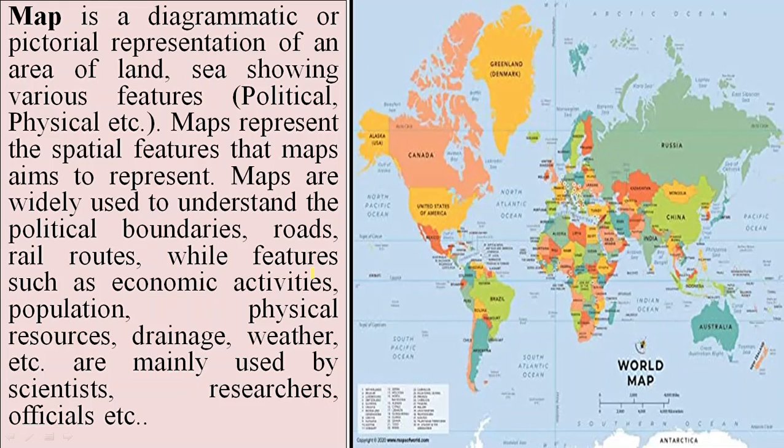So a map is a piece of paper on which the actual area is shown through diagrams, through pictorial representation. It is the actual surface on a two-dimensional paper, a 2D surface. Okay, so that is called a map, like we all have Google Maps on our phones these days.